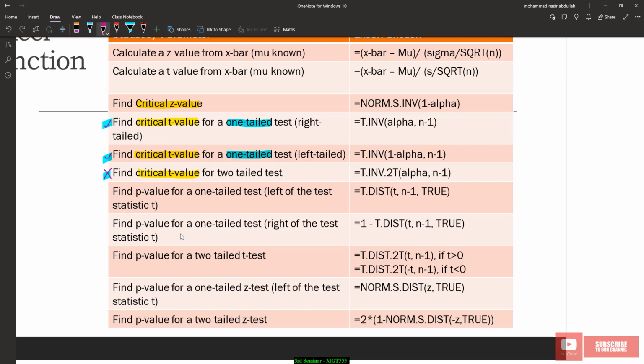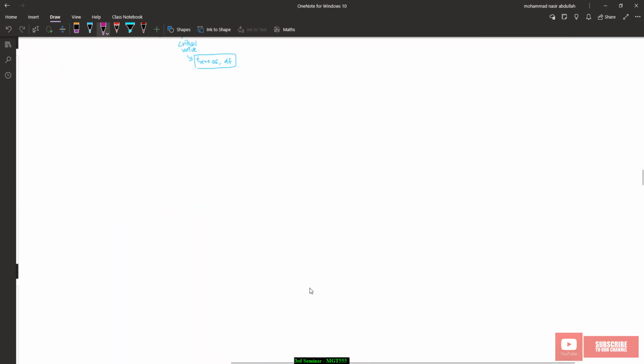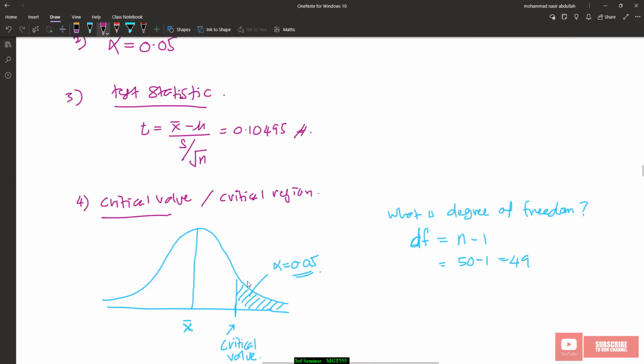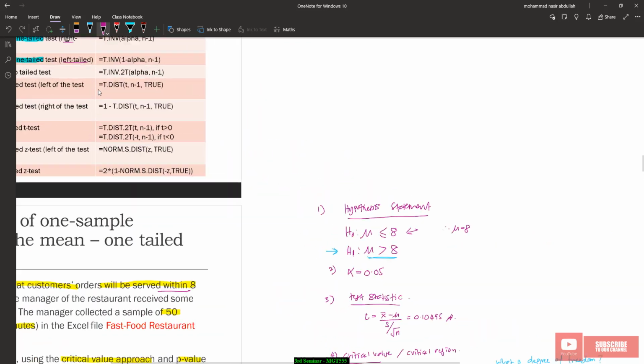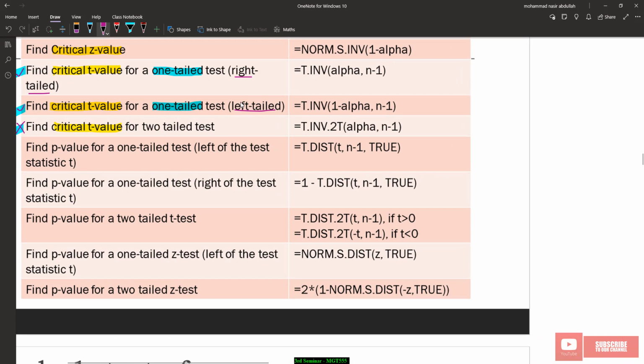So, dia kata kat sini, right tail. This is for left tail. Our test now is for right tail, kan. So, di sebelah kanan, we're going to use this formula. We're going to use T.INV, alpha, n minus 1.